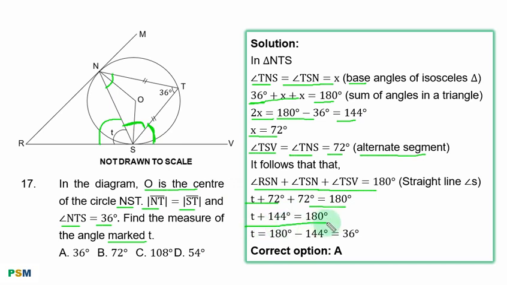You have this result. You have T equal to 180 degrees minus 144 degrees equal to 36 degrees. The correct option is A.